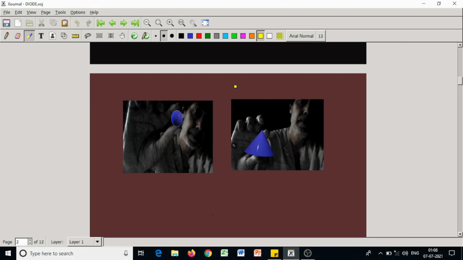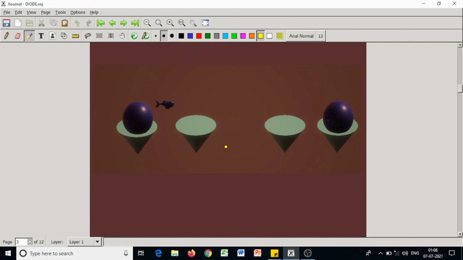Suppose the blue ball is the electron and the blue cone is the seat of the electron. Then the right seat is vacant. Suppose this is a hole, lack of an electron, so it is a positive hole.